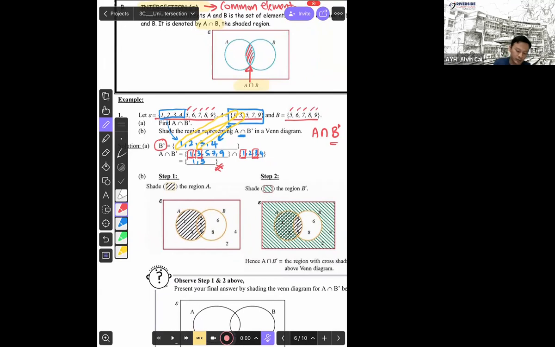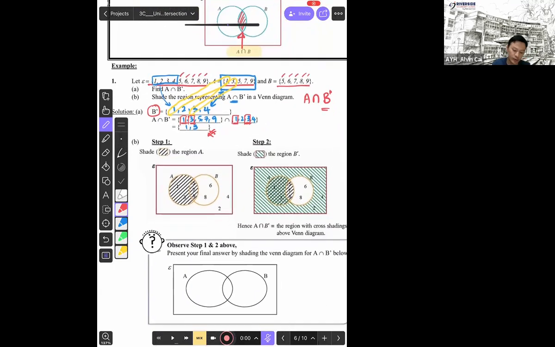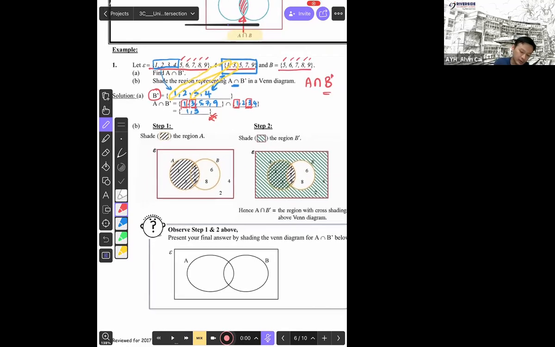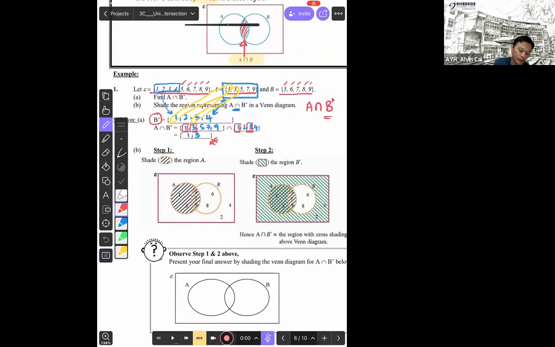Okay, moving on. This is the thing that I've mentioned just now, the shading. We are supposed to shade in 2 different directions for 2 different sets. This is the first way of doing it.